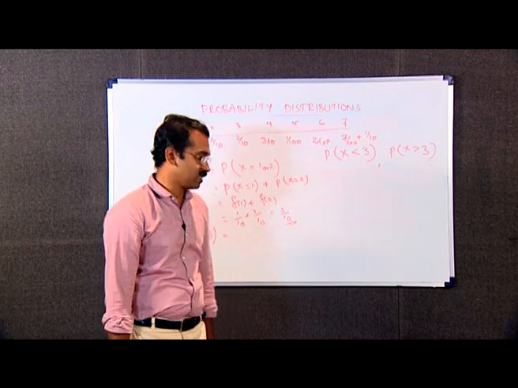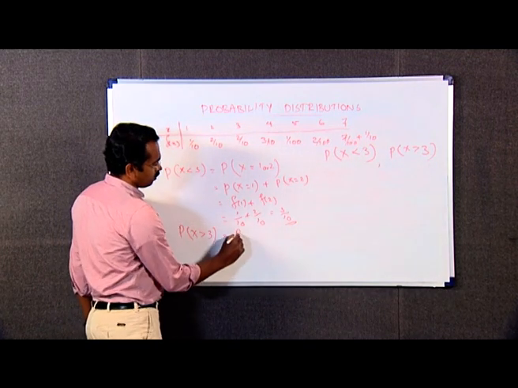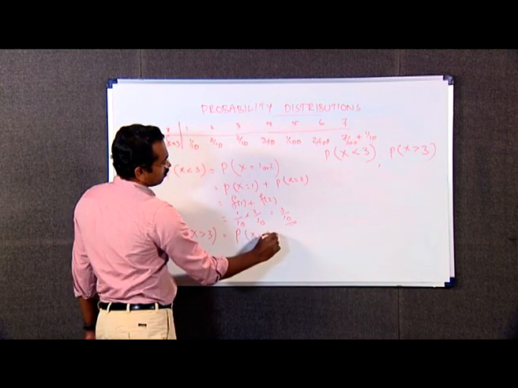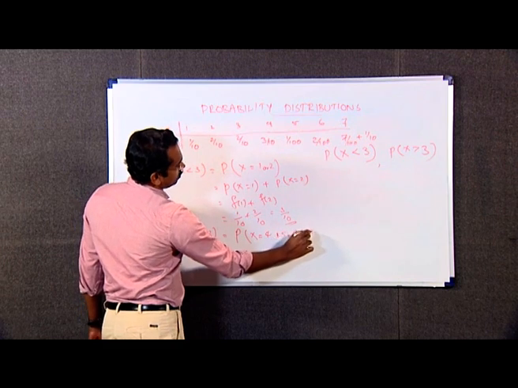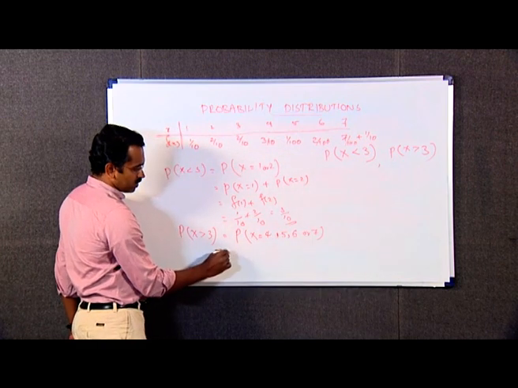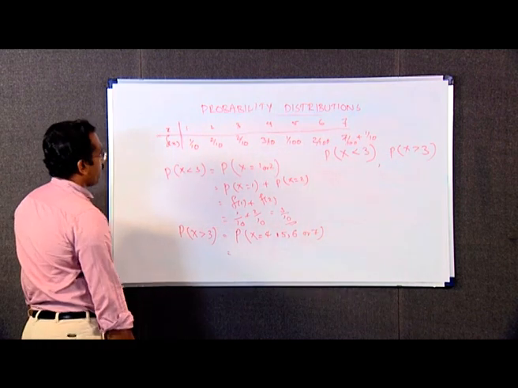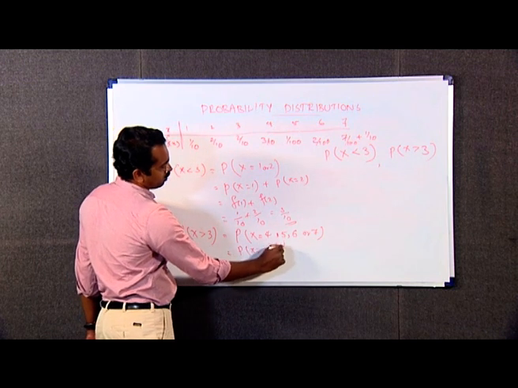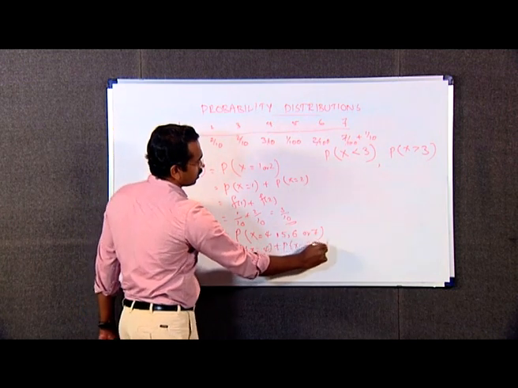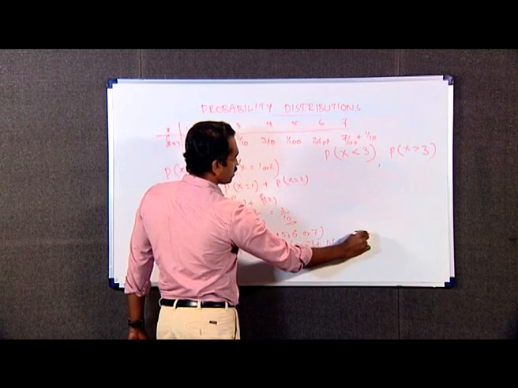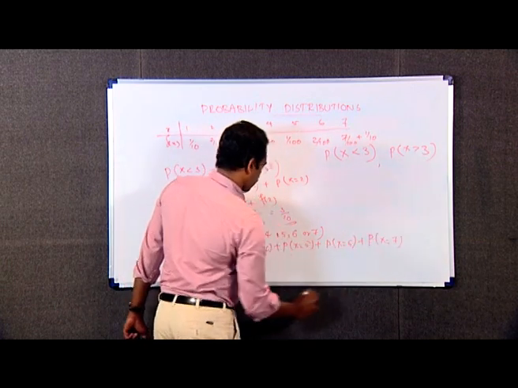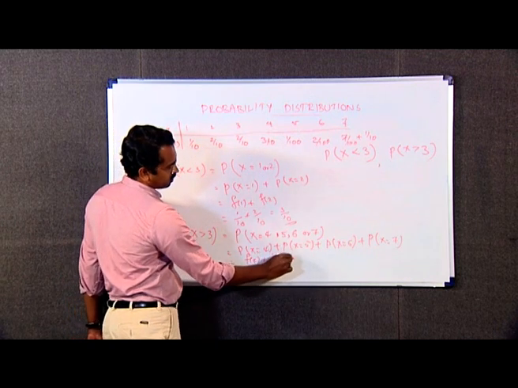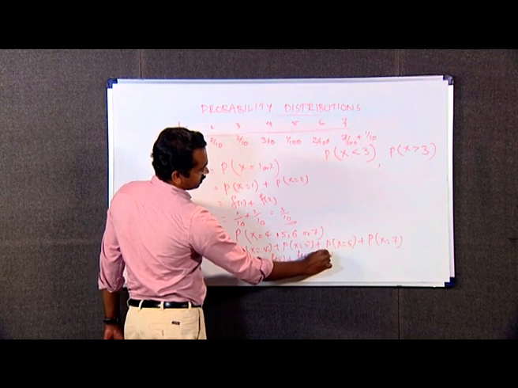Probability of x greater than 3 means x equal to 4, 5, 6 or 7, which is equal to P of x equal to 4 plus P of x equal to 5 plus P of x equal to 6 plus P of x equal to 7, that is f of 4 plus f of 5 plus f of 6 plus f of 7.